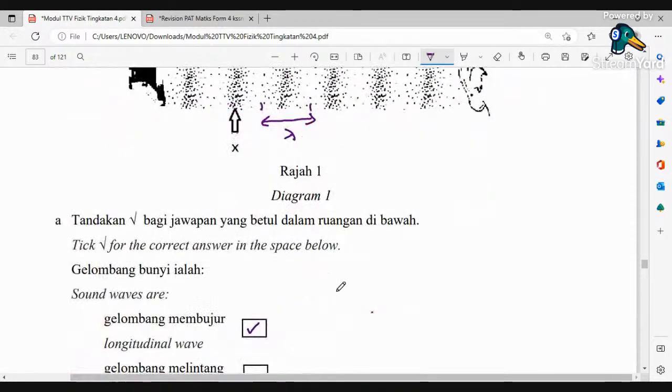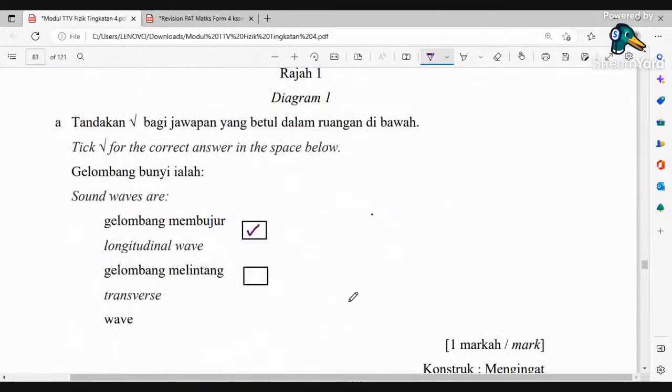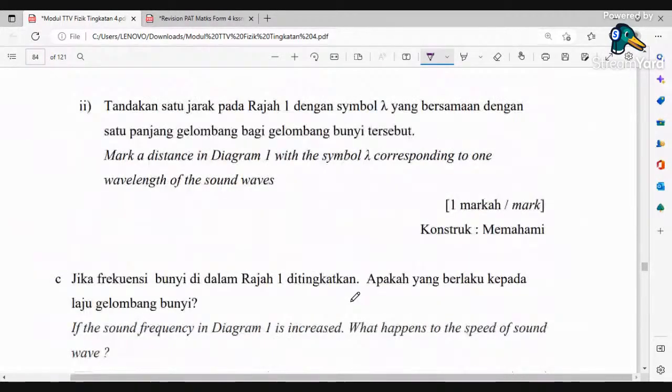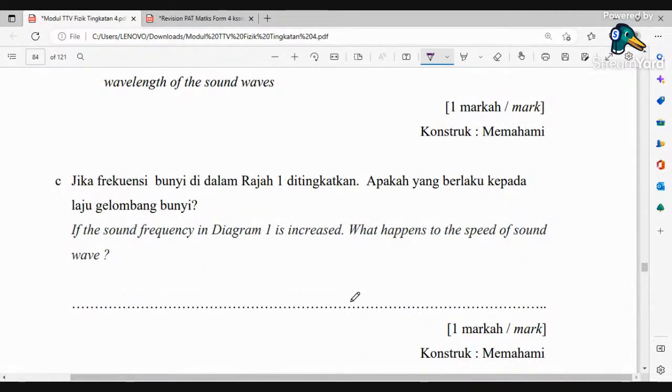Okay, so wavelength of sound wave can be defined as distance between two adjacent compression region or two adjacent rarefaction region. Itu definition untuk wavelength of sound wave. Part C, if the sound frequency in diagram 1 is increased, what happens to the speed of sound wave?